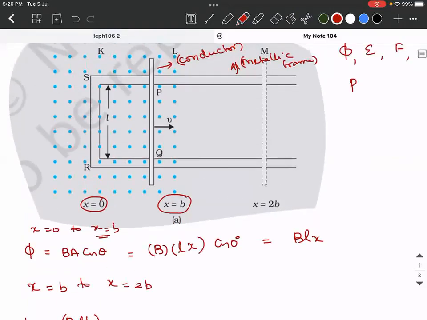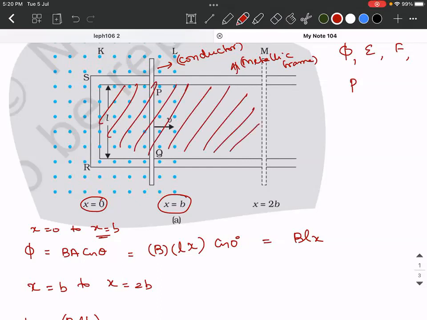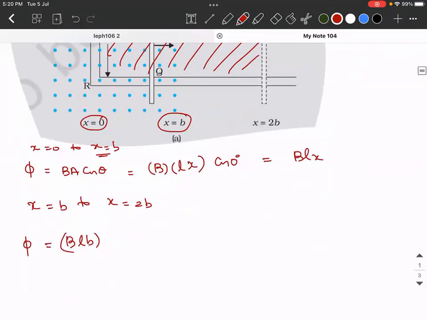Till wherever the magnetic field exists, the flux is associated with it. It is the maximum value: B into L into b into cos 0 degrees, so this is BLb.